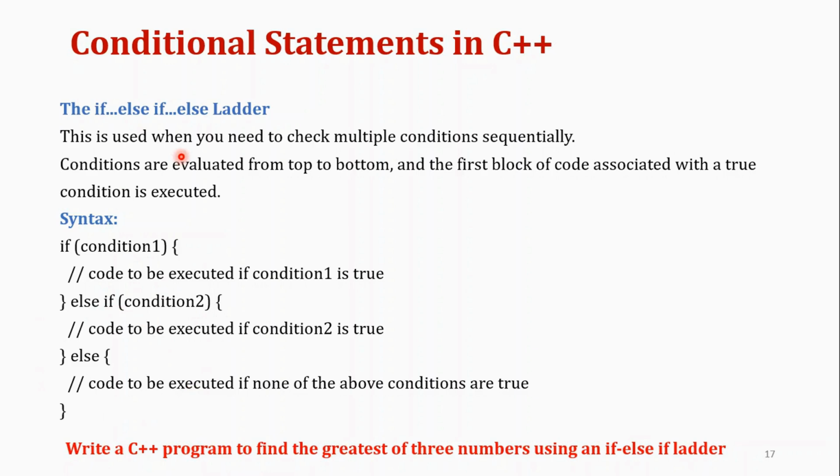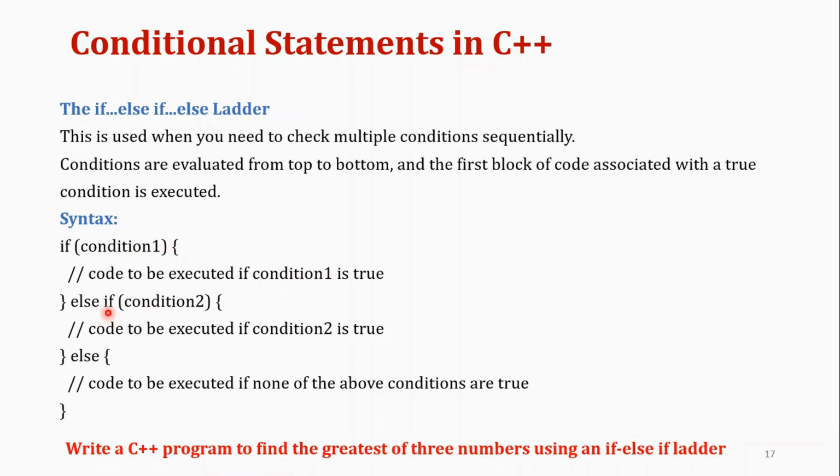The perfect example for this is finding the greatest of three numbers. You can try it on your machine, or I can give it as an assignment. I'll hint the answer. We have three numbers, a, b, c. In condition one, if a is greater than b and c, a is the greatest.